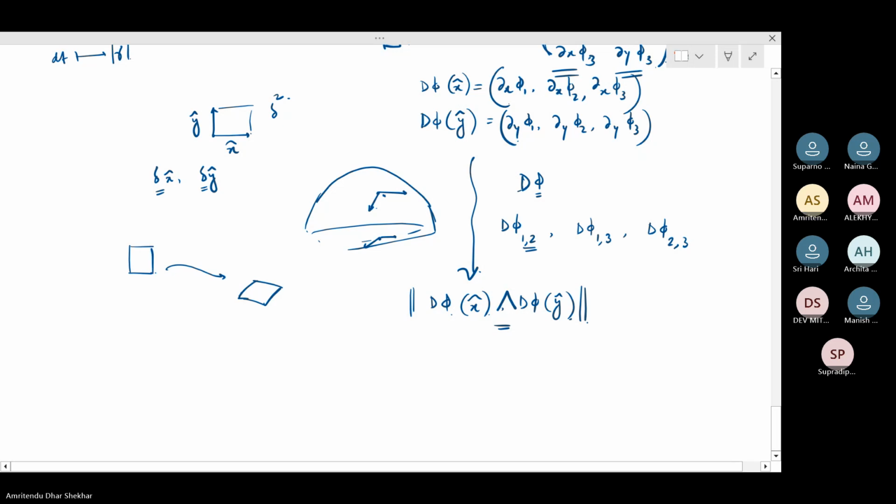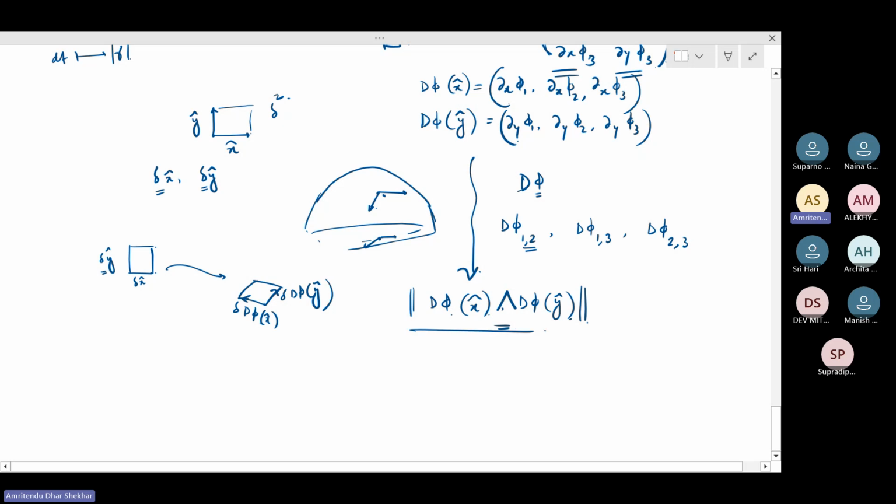If this was a tiny del x cap, and this was a tiny del y cap, then this thing got mapped to d phi of x cap, and this thing got mapped to d phi of y cap. And then this area element over here is basically given by this.